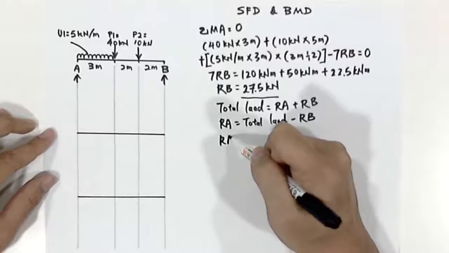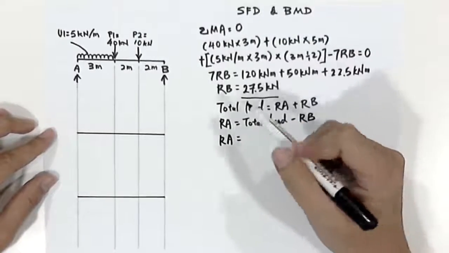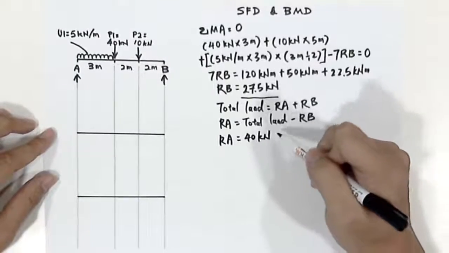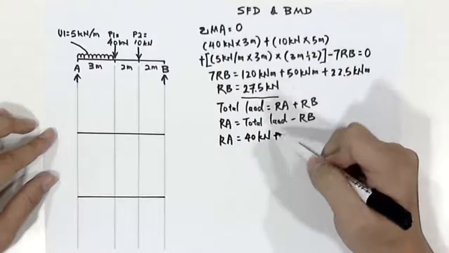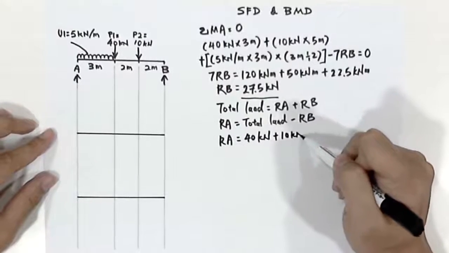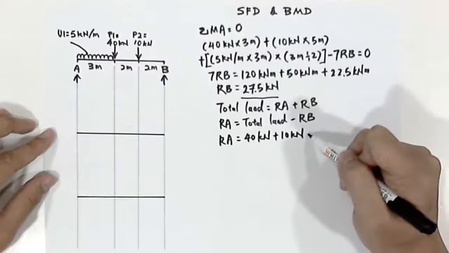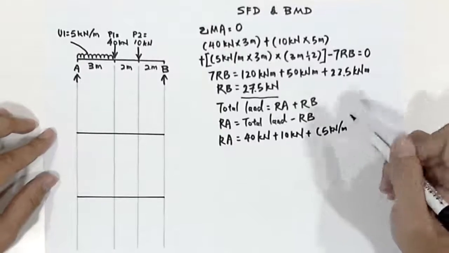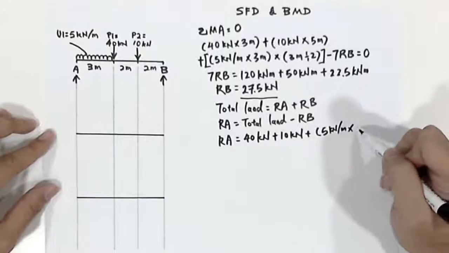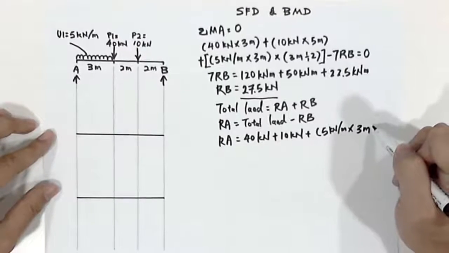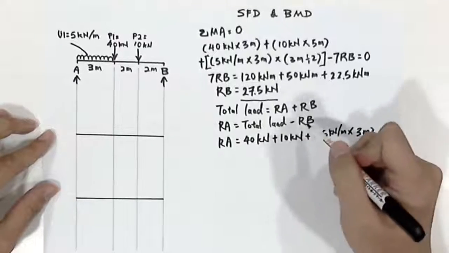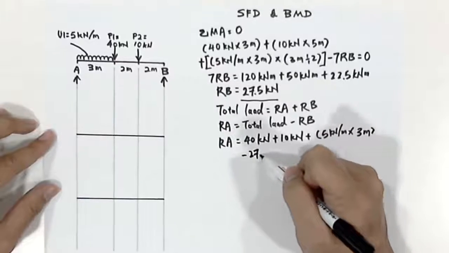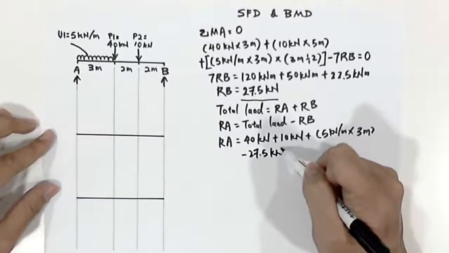Therefore we have RA equals to first load 40 kilonewton plus 10 kilonewton, plus 5 kilonewton per meter times 3 meter. And then we have to minus RB, which is 27.5 kilonewton.